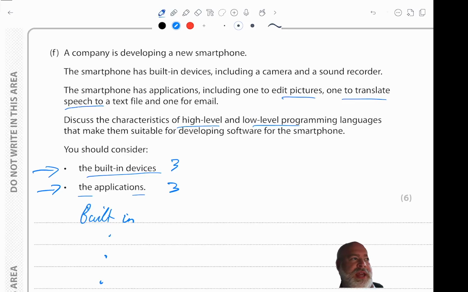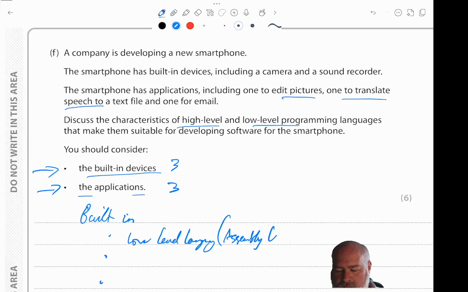So you could say low level language, assembly for example. Assembly language is microprocessor dependent, so machine code.